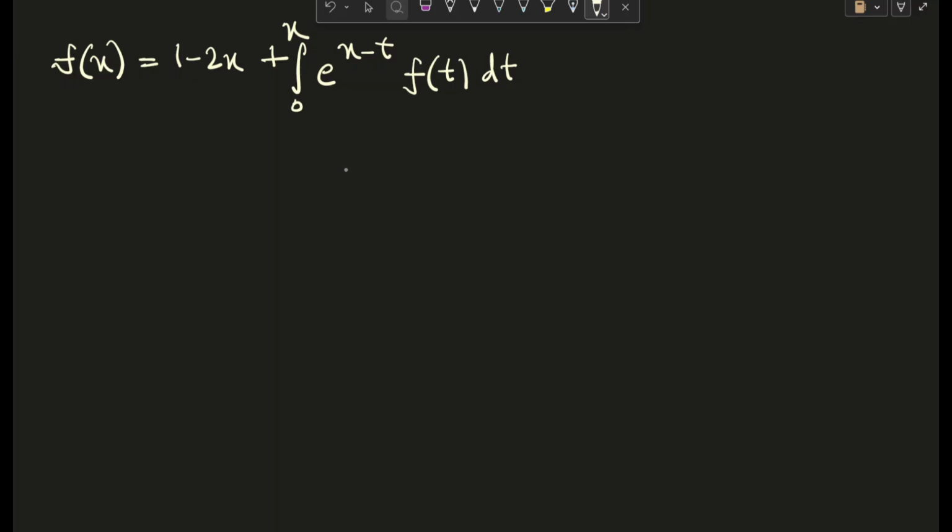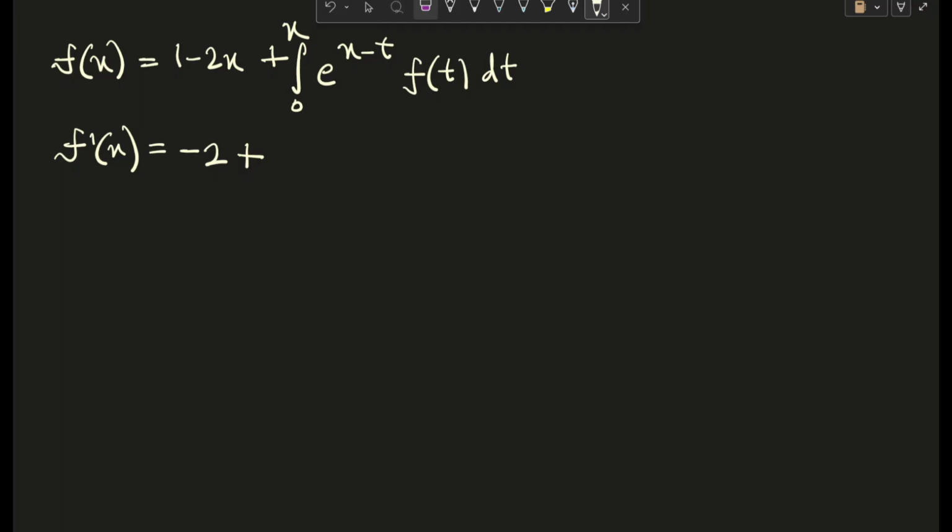And now I guess there is nothing to do from here. So let's go on differentiating this. So f dash x equals, 1 is a constant, so gone, minus 2x is minus 2 plus, and now for differentiating this particular thing. Okay guys, just a minute, I guess I missed something out.